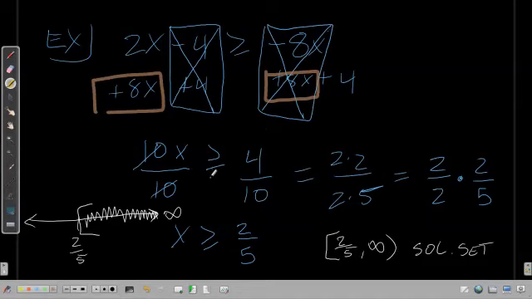What if instead of doing that, you had said, well, I'm going to take this 2x and move it to the other side? That would be fine. Let's investigate that.